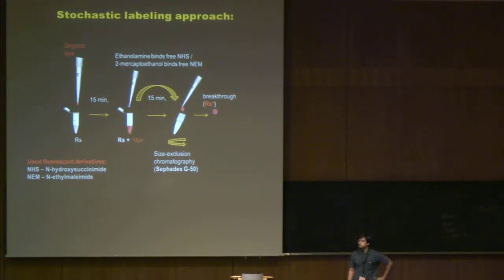To obtain the fluorescent super-resolved pictures of ribosomes and polysomes, we had to label the ribosomes. This is a simplified protocol of labeling. We add an organic dye like Alexa or anything else to the ribosomes, incubating.